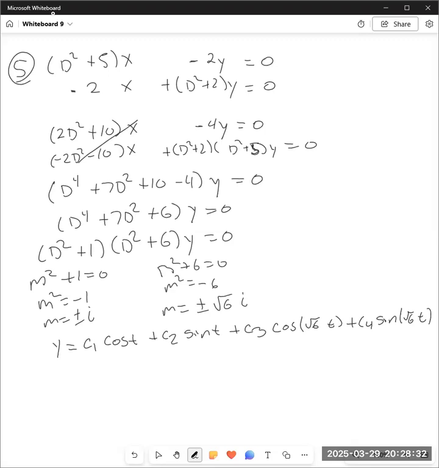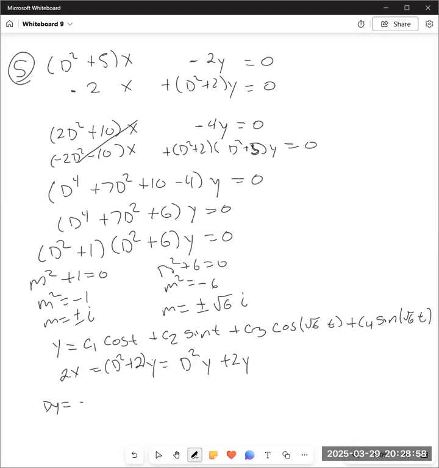And we're going to solve for x using equation number 2. 2x is equal to (D² + 2)y, which is D²y + 2y. So let's figure out what that is.